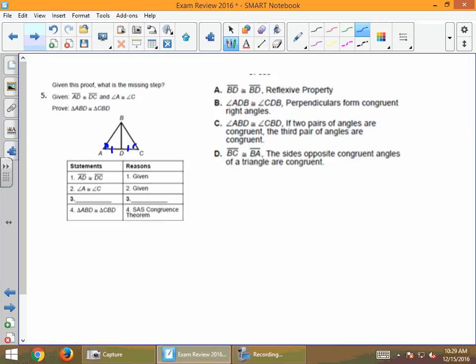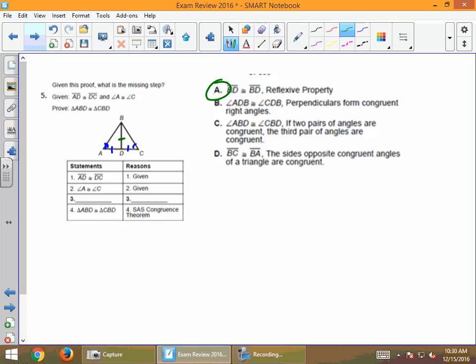Okay, if we look at our options, A: BD is congruent to BD. Super, isn't that true? By reflexive property. So it's really tempting to say, yep, that's the right answer. But let's look at this. If we mark it, so that's congruent to itself, how would we say that these triangles are congruent? By what?